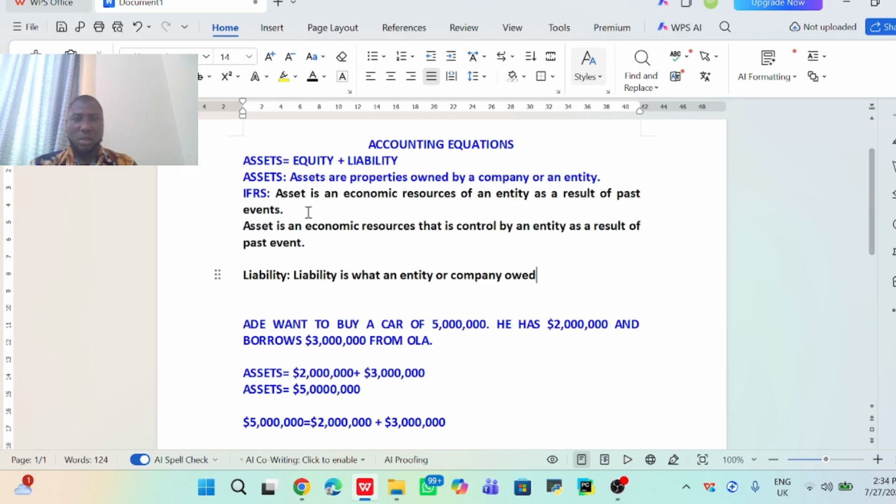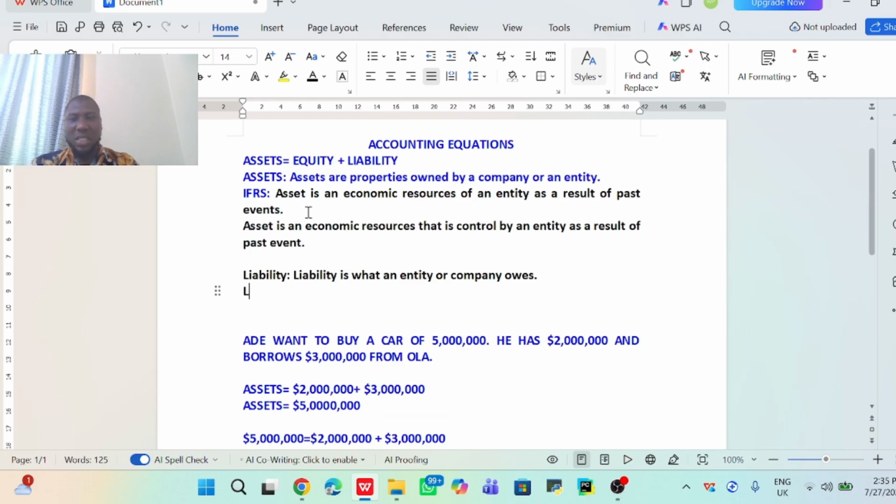If they owe you a certain amount of money, that amount to the company is a liability. If they borrow money from you, it is a liability. The money borrowed is a liability.